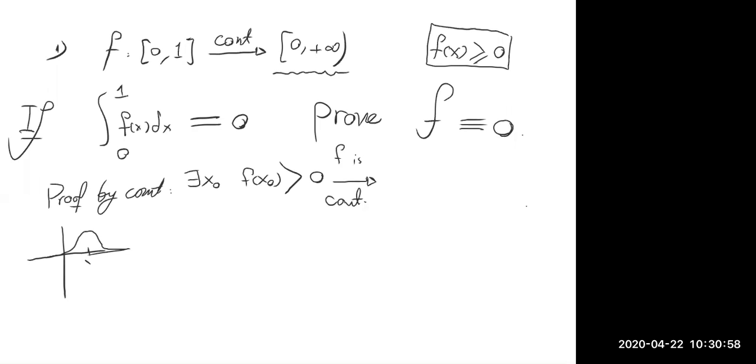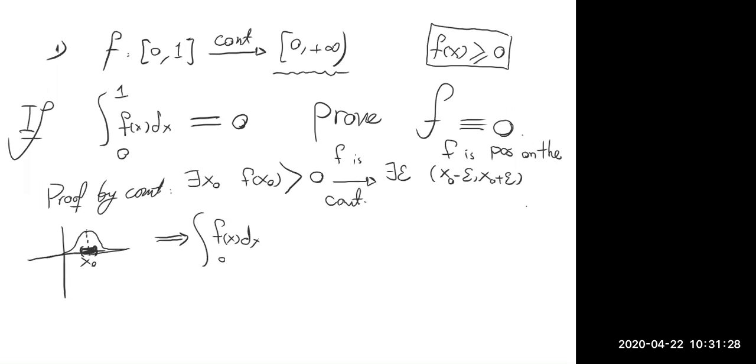So if there is a point x naught where f is positive, there is an interval around that where f is also positive. So there exists some epsilon such that f is positive on the interval x naught minus epsilon to x naught plus epsilon. Now look at the integral of f of x dx from 0 to 1.